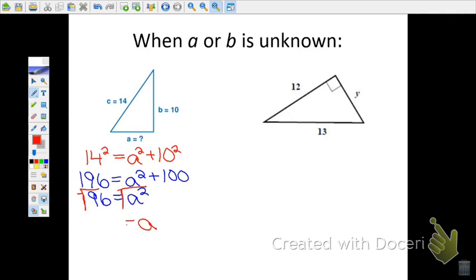Is 96 a perfect square? No, it is not. What's a perfect square that goes into 96? 4. 4 goes in. How many times does 4 go into 96?